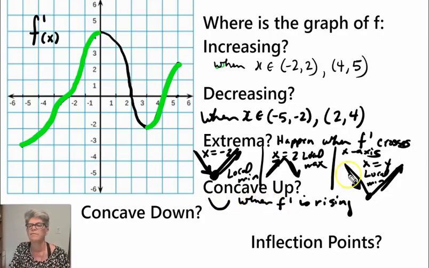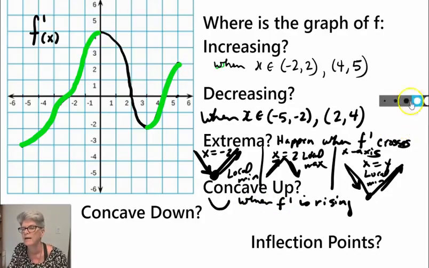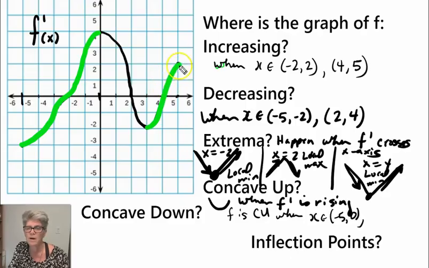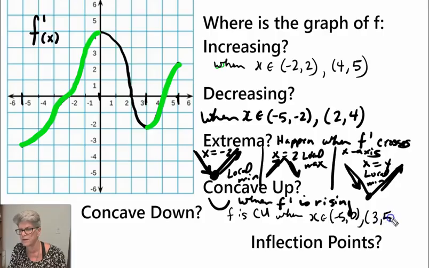So the graph of f will be concave up when x is, on this green portion, between -5 and 0, but also when x will be between 3 and 5. That's where it's concave up.